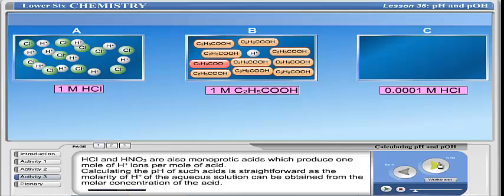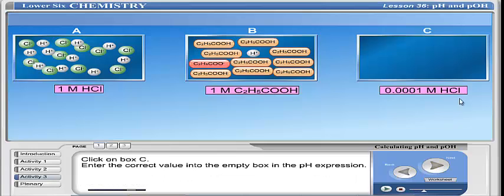HCl and HNO3 are also monoprotic acids which produce 1 mole of H plus ions per mole of acid. Calculating the pH of such acids is straightforward as the molarity of H plus of the aqueous solution can be obtained from the molar concentration of the acid.